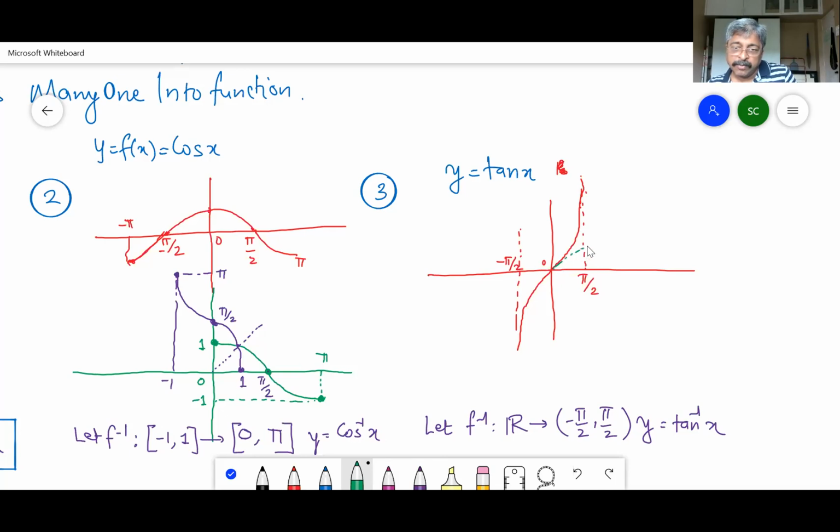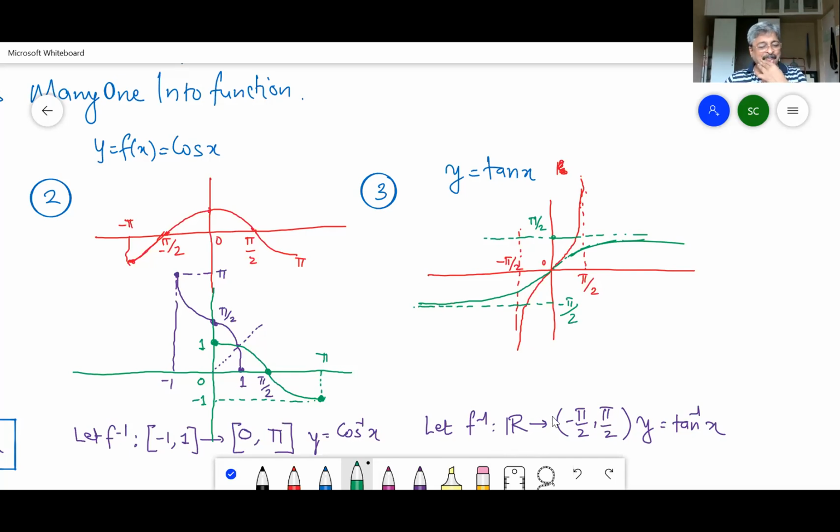You just reflect, take it to infinity, take it from infinity. This is tan inverse x. This dotted line will become a horizontal dotted line here at pi by 2. That value will not be achieved. Minus pi by 2. Simple.